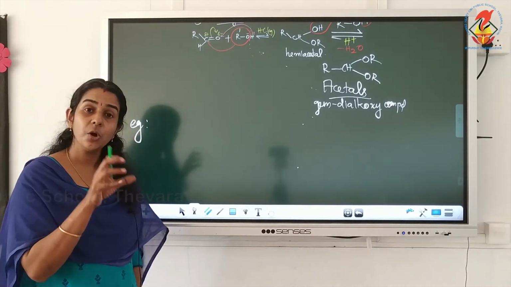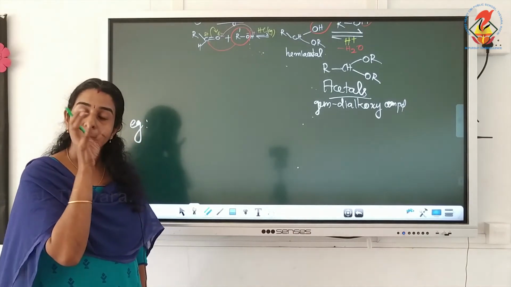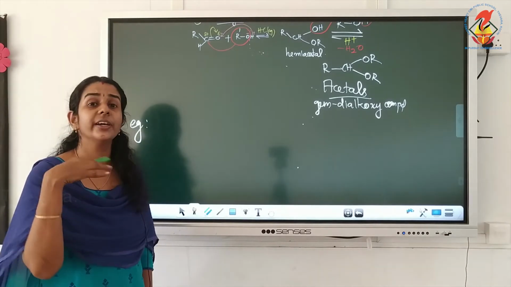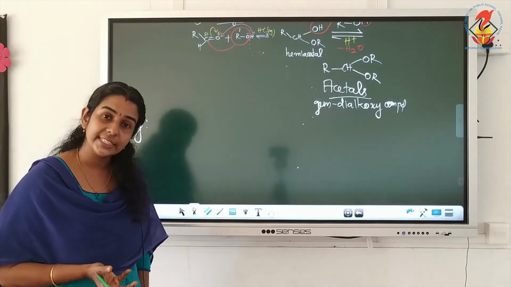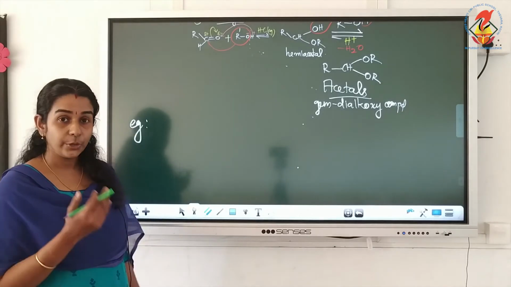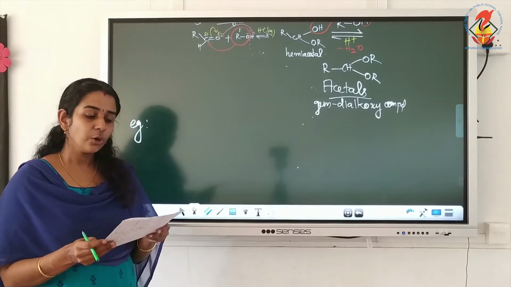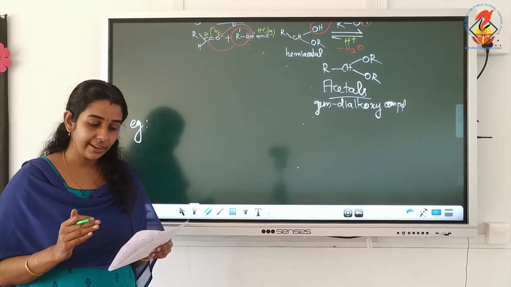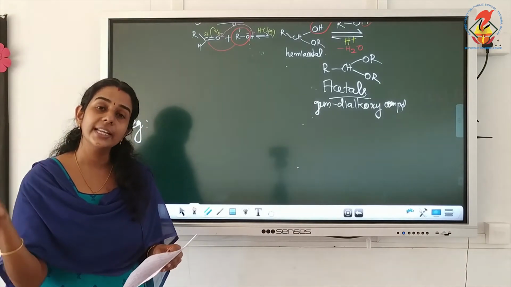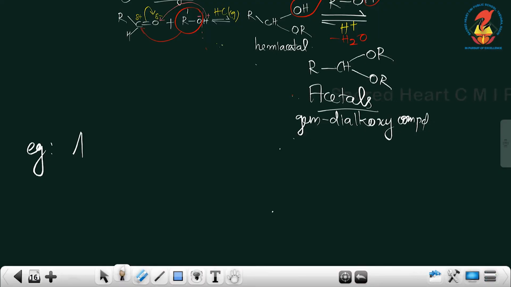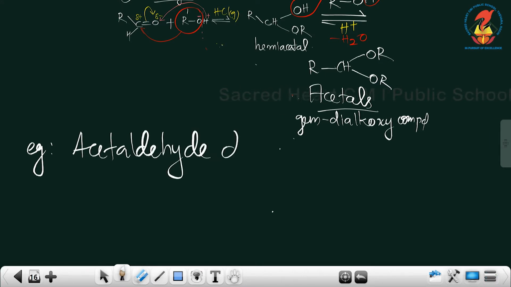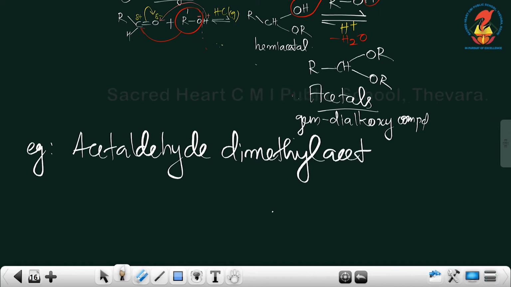Okay, so depending on the alkyl group present in the alcohol, we are naming acetals and hemiacetals. So, here the question is, draw the structure of acetaldehyde dimethyl acetal.